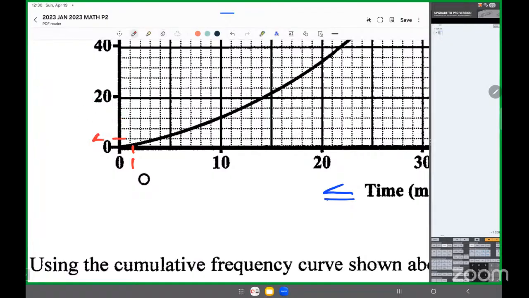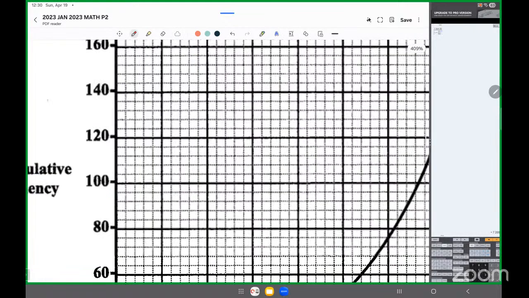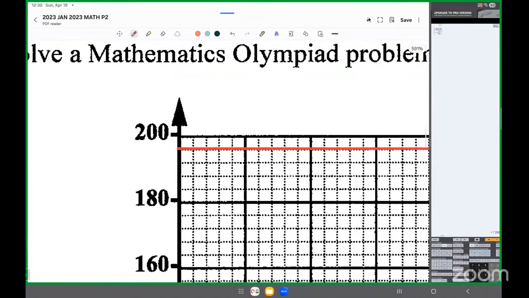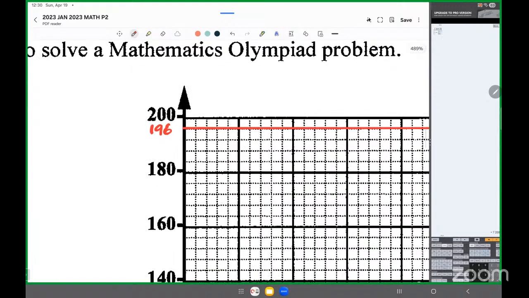So it means that up here is 4 below 200, because this interval says 4. So right here is 196. So 196 took less than 50.